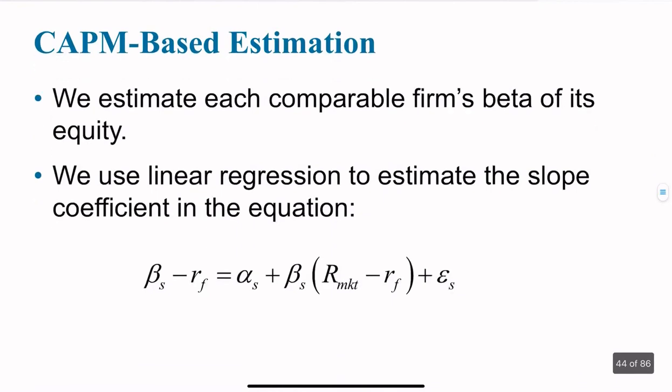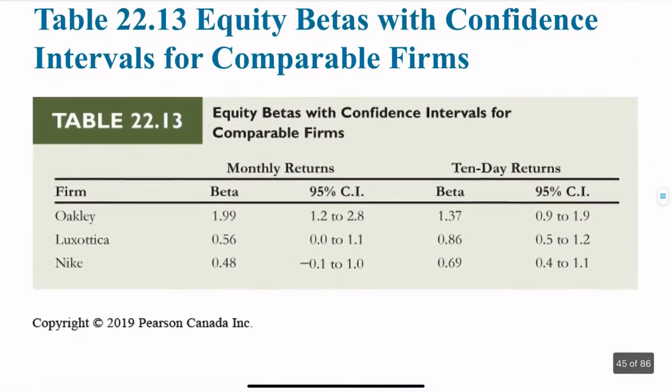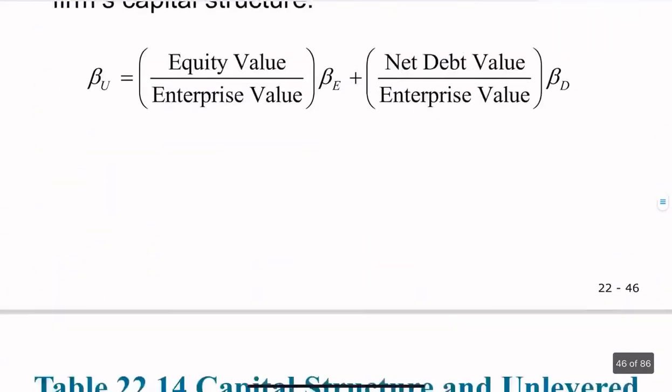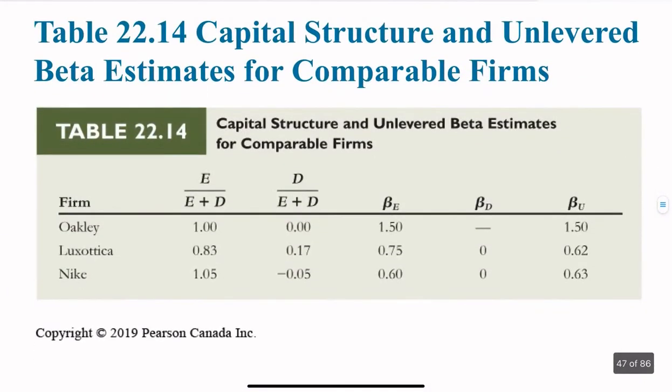Okay, so first, let's say you're given this table. So let's say you have estimated for these comparable firms, they have their equity cost like this.